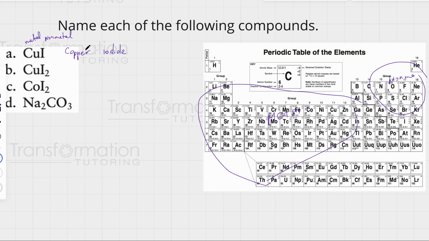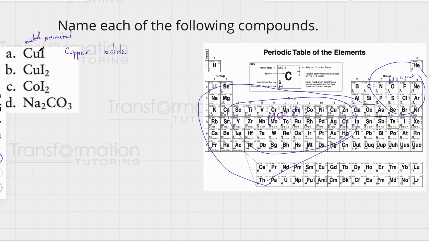Another thing that we have to keep in mind when we're naming ionic compounds is transition metals. Transition metals are located here, and these are the metals that have multiple oxidation numbers, or multiple charges. If we have a transition metal, we have to write its oxidation number as a Roman numeral in parentheses.